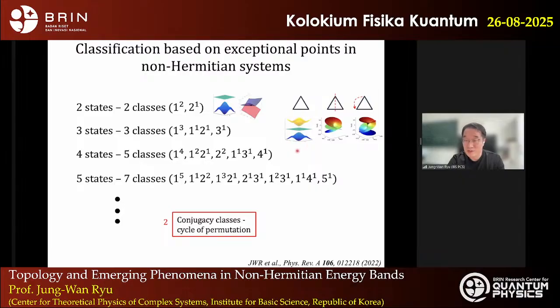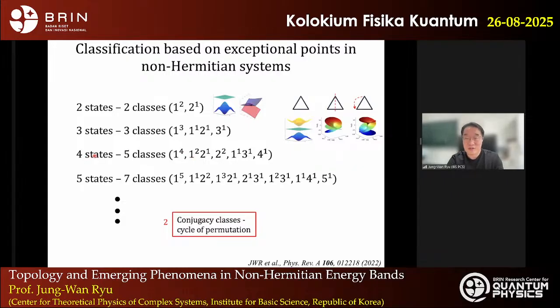Another is one one-cycle band and one two-cycle band, meaning the middle band is independent, but the upper and lower bands are connected by the exceptional points. And the third class is one three-cycle band. In that case, if we follow this boundary, they are connected, and they are three-cycle non-separable bands.